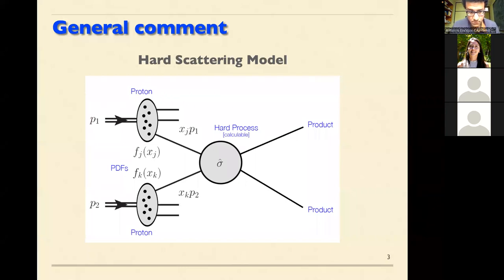And I am sort of surprised that nobody mentioned this. A lot of work is done in the parton distribution functions, the F and G that are included here. A lot of work is done in the hard process, and people talk about leading log, next to leading, next to next to leading, etc. But nobody mentions that this is an approximation.